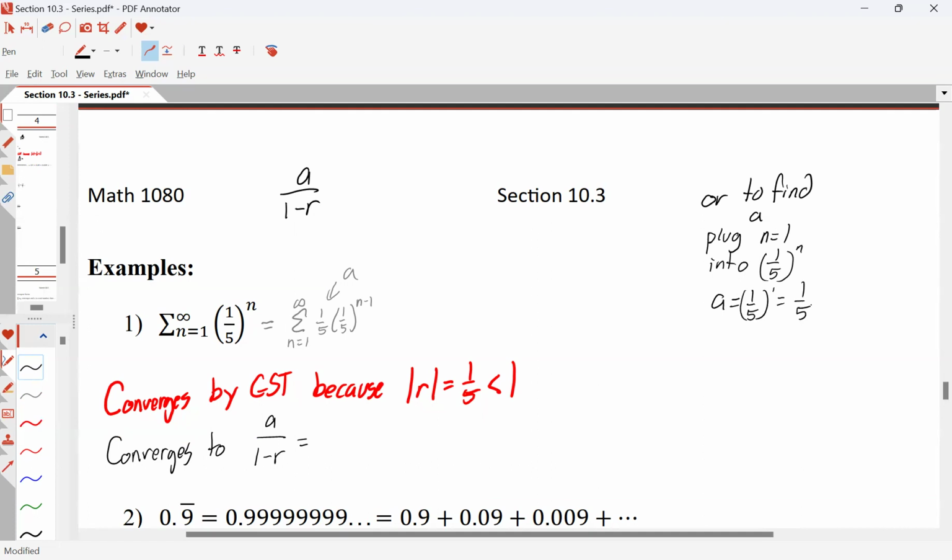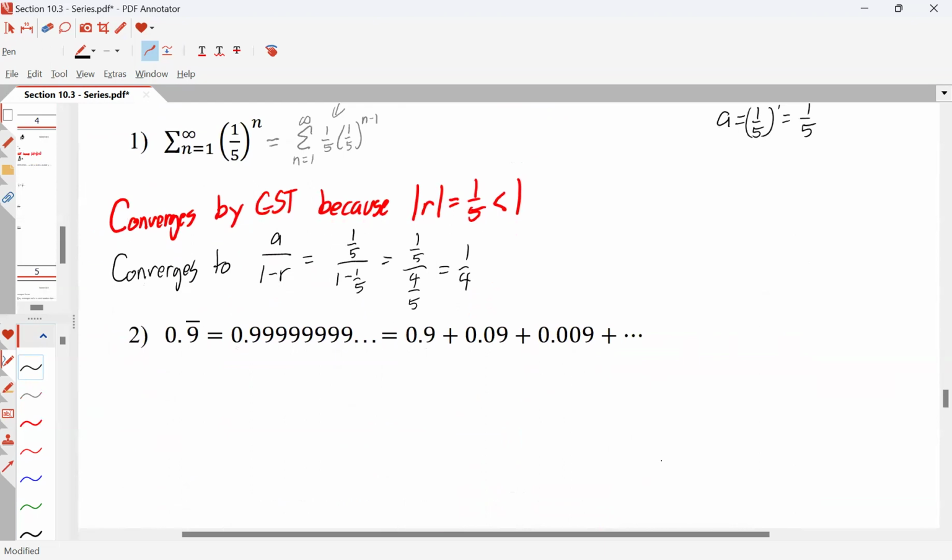So either the rewriting of the sequence or plugging the lower bound in gave us the same result. A is 1/5. R is also 1/5. So 1/5 over 1 minus 1/5 is 1/5 over 4/5, or 1/4. So this series converges, and it converges to 1/4.